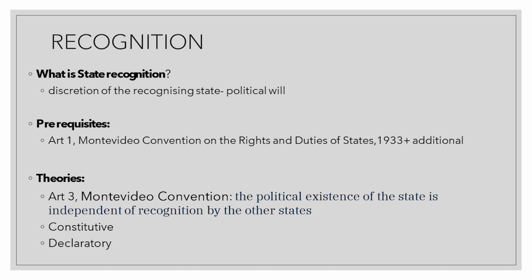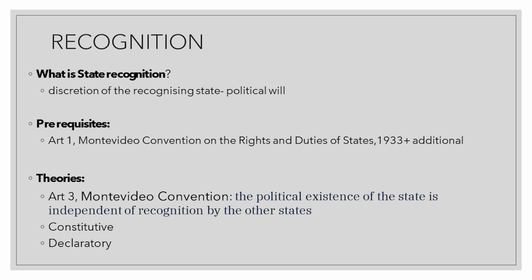A state may be a newfound state, for example, a newfound island, or an island which is formed by volcanic eruption, etc. So whenever by these and other such means a new state is formed, there is a question whether this state is to be recognized as an autonomous, independent, free state.